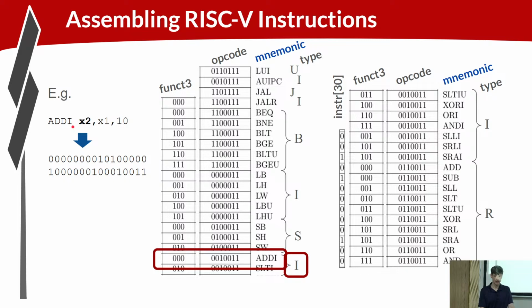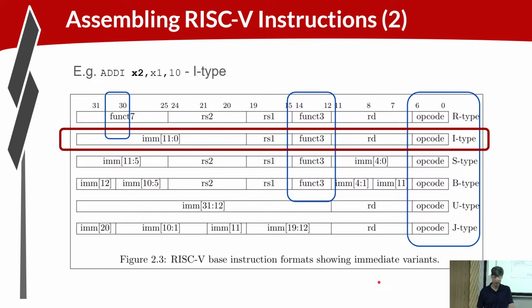We have an addi instruction. Let's find addi. It's here. That tells us that we need these opcode bits and these funct3 bits. We can also tell from this table that this is an I-type instruction. So at this point we have our opcode, we have our funct3, and we know that we're I-type, so the format is this.